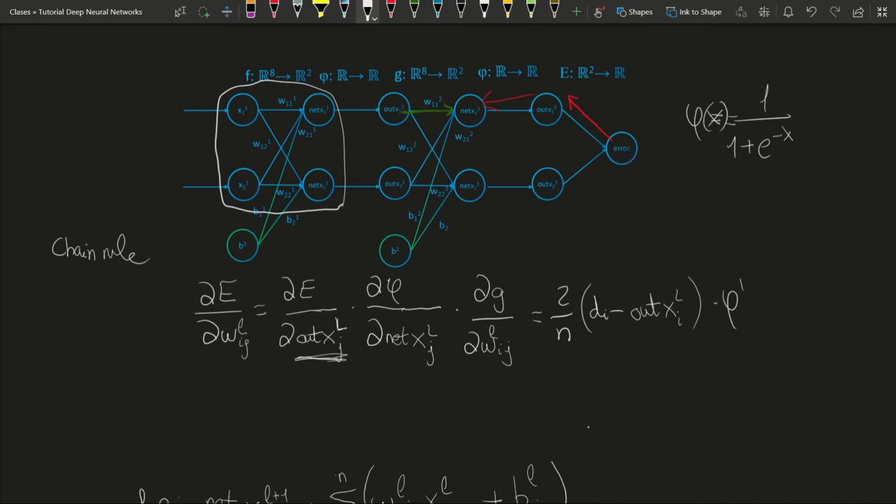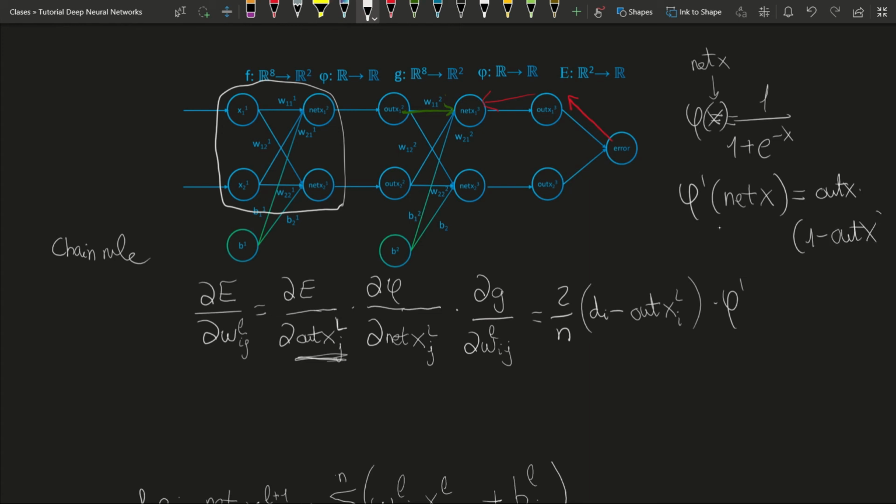If this is the net value we want to activate, the derivative of this function with respect to the net value will be out of x multiplied by 1 minus out.